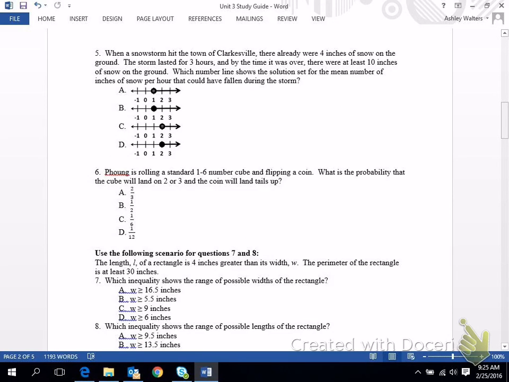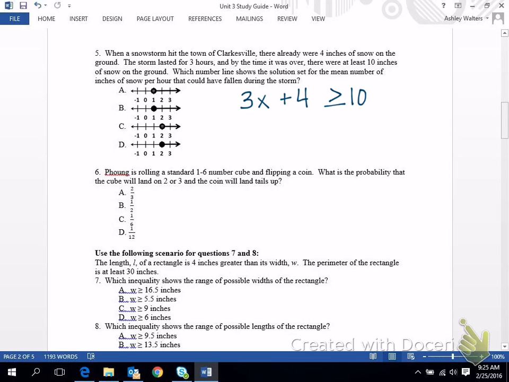If we have at least 10 inches of snow, that is greater than or equal to 10 inches of snow. There were already 4 inches on the ground, and for 3 hours we accumulated more snow. So 3 times x plus 4 is greater than or equal to 10 is an inequality that you could solve in this situation.